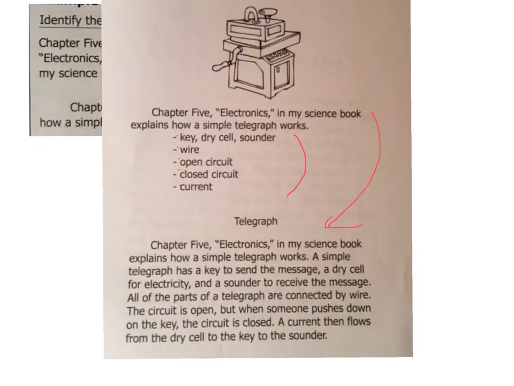And our last key detail is current. And here's the sentence. A current then flows from the dry cell to the key to the sounder. And there is your summary paragraph for a chapter in a science book. Notice, again, there are no opinions.